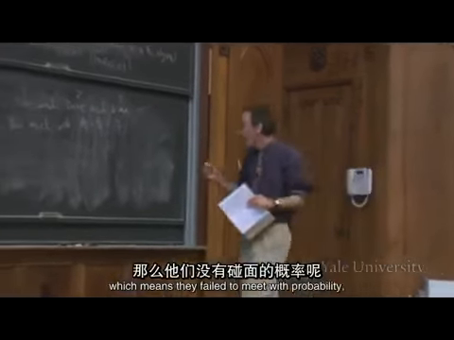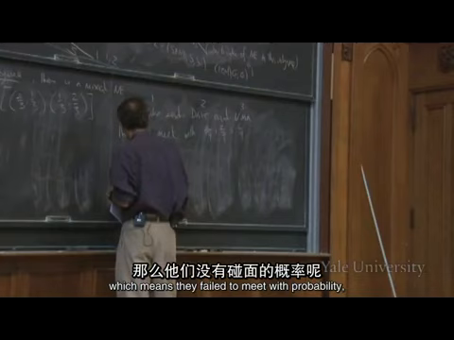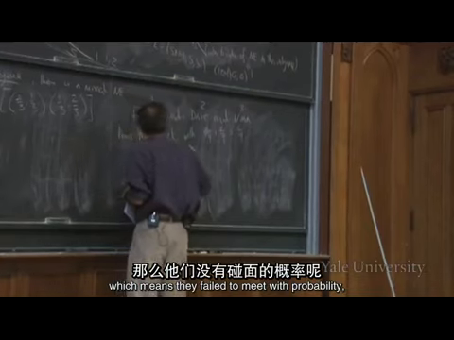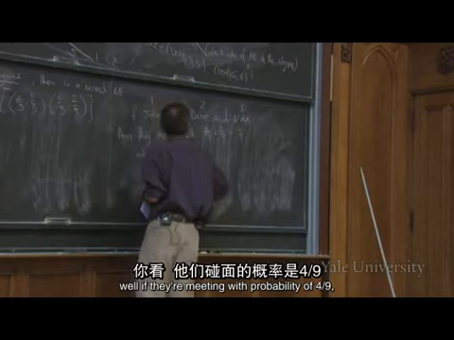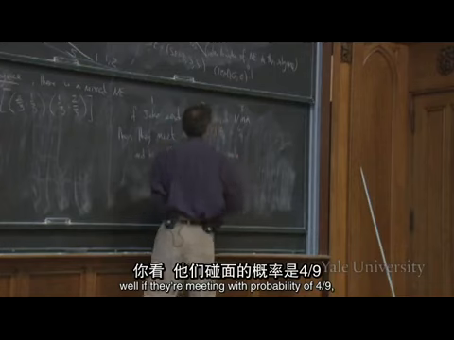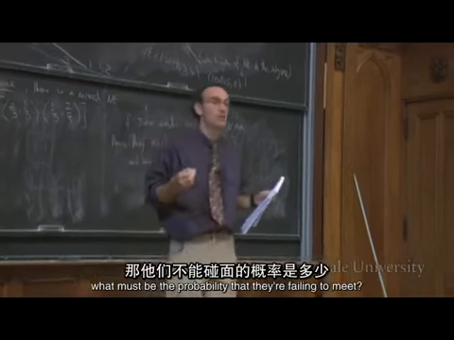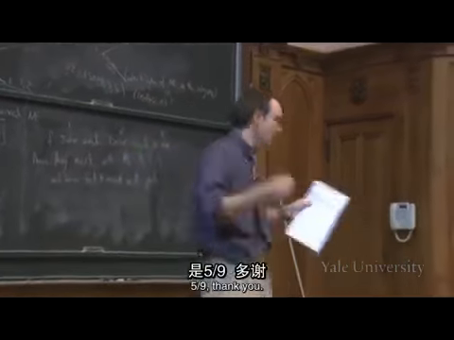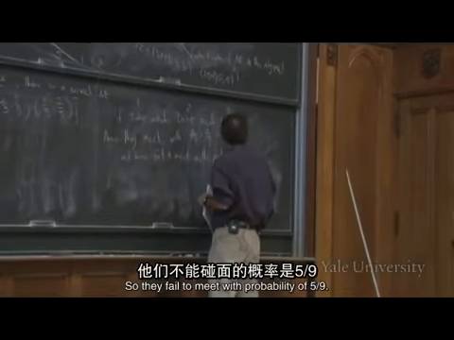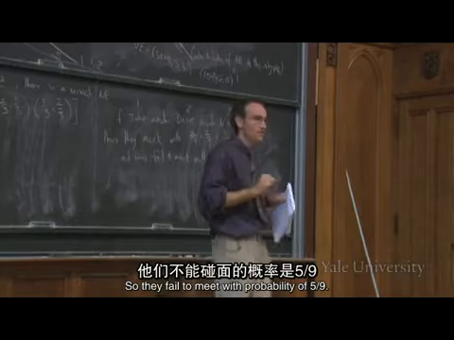Which means they fail to meet with probability, well, if they're meeting with probability 4/9, what must be the probability that they're failing to meet? 5/9, thank you. So they fail to meet with probability 5/9.